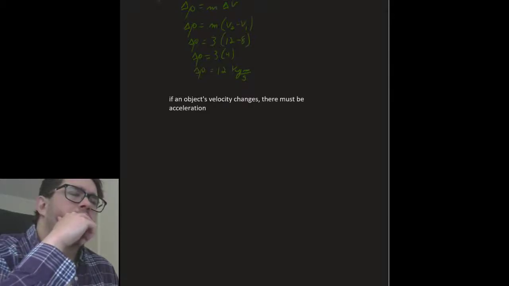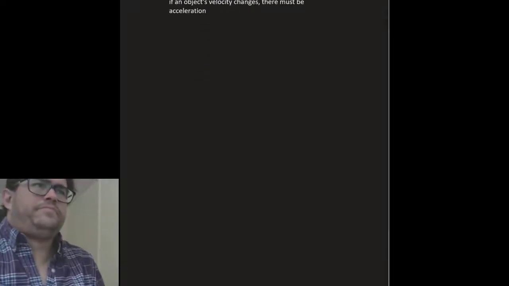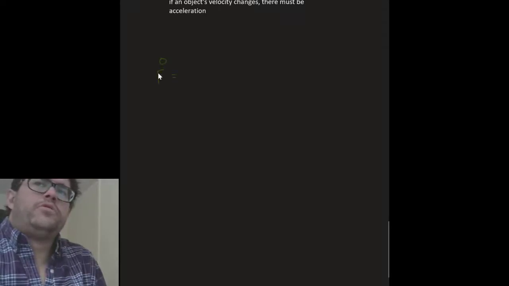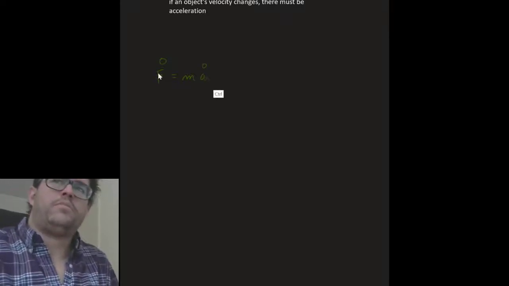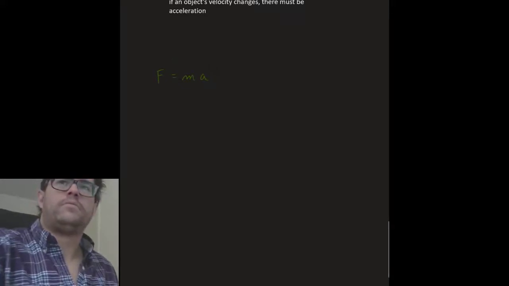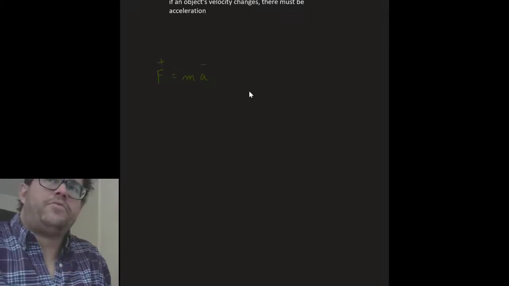Let me just write what I just said. If this is 0, you do not create an acceleration. But you increase, I don't know where to put this plus, but I'll put it here. If you increase the force, given that it's the same mass, though, this thing is static, right?